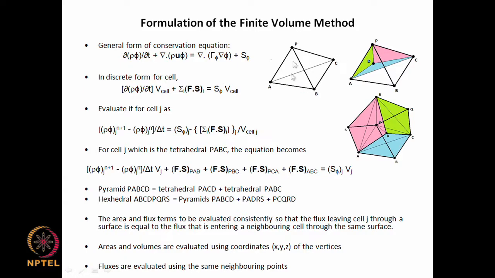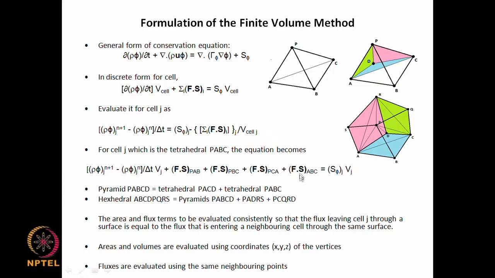So, it has 4 triangles as its 4 faces, and so for that we can write this equation as rho phi j, this is cell j, rho phi j at n plus 1 minus rho phi j at n divided by delta t times the volume of the cell j, that is V subscript j, plus f dot s for the face PAB plus f dot s for PBC plus f dot s for PCA plus f dot s for surface ABC.